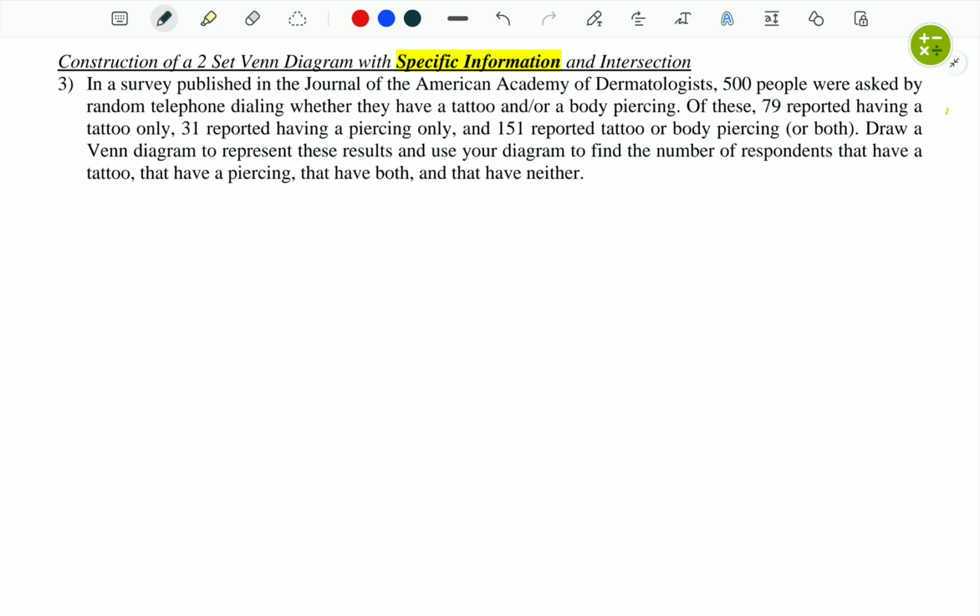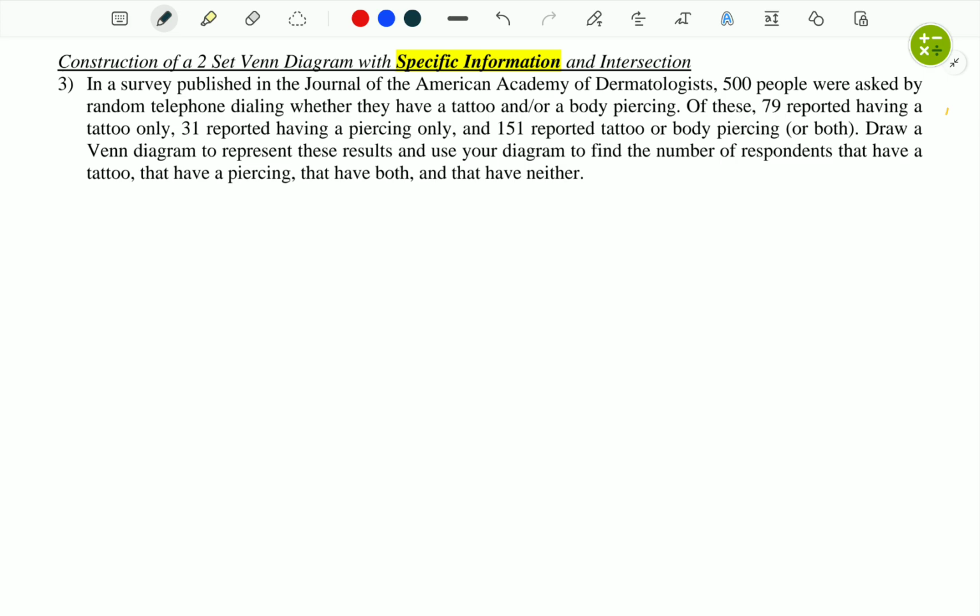So let's read it. And remember, once we have everything that we need, let's work our way backwards from bottom to top. In a survey published in the Journal of American Academy of Dermatologists, 500 people were asked by random telephone dialing whether they have a tattoo and or a body piercing.